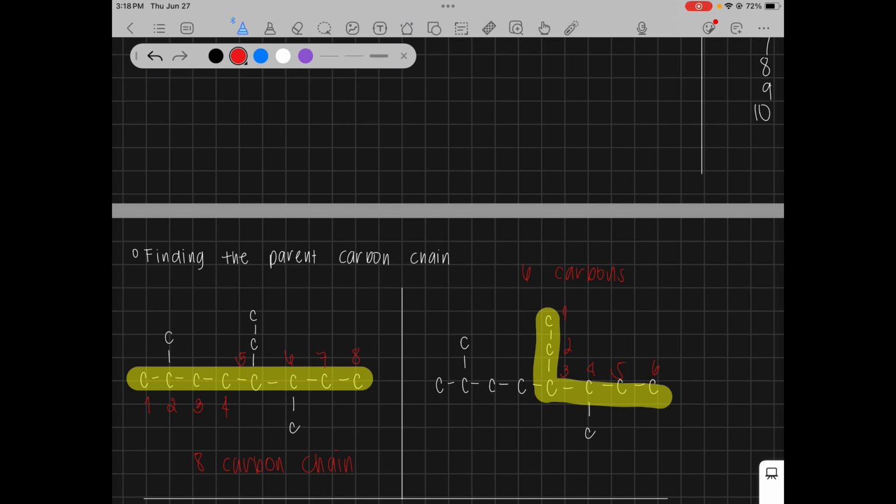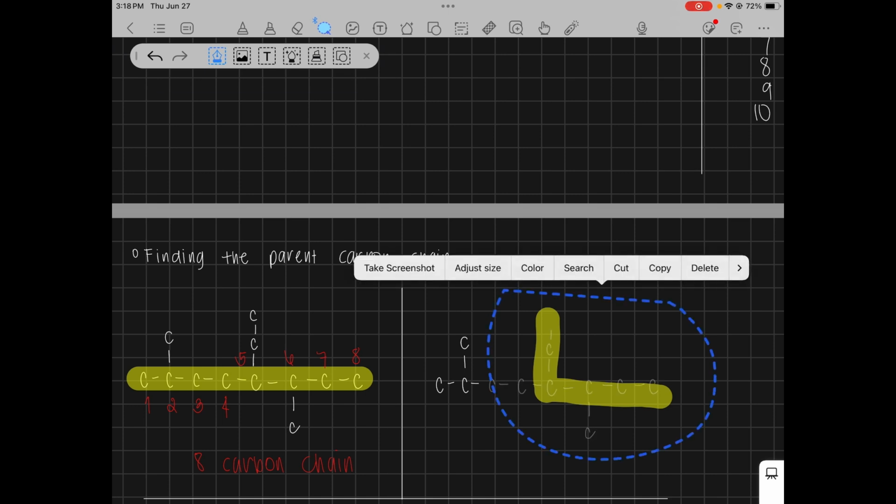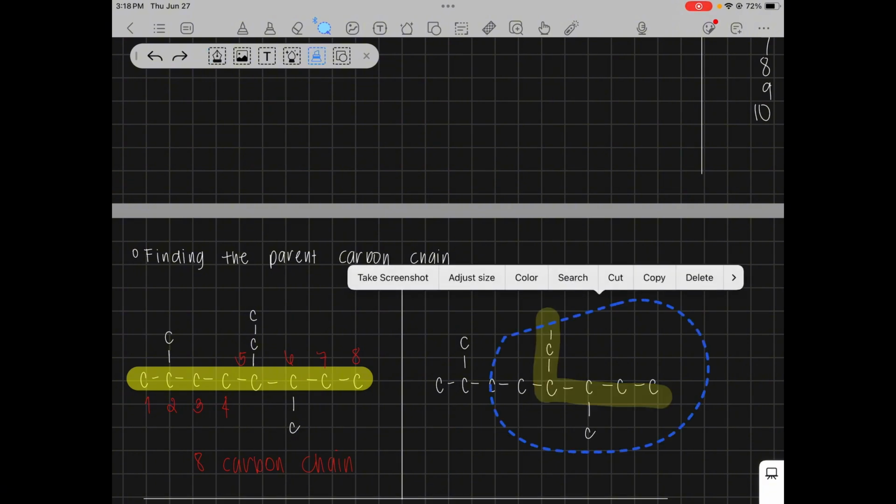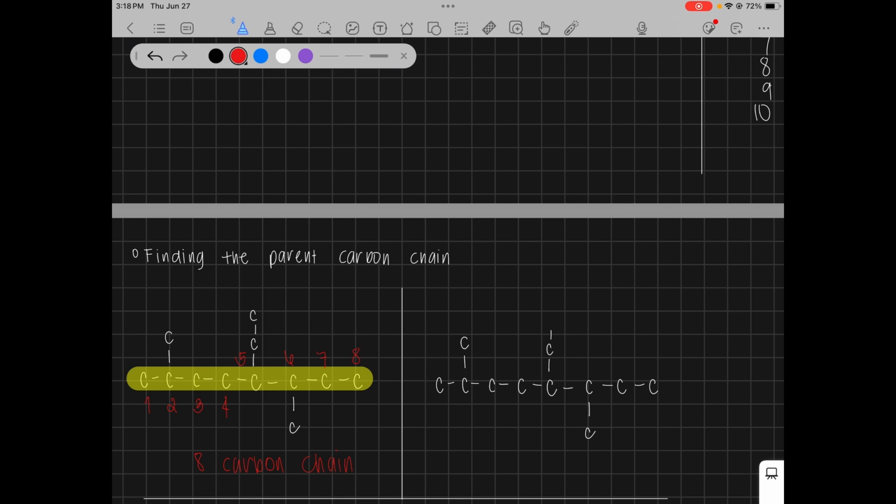We can also start, since our goal is to find the longest one, we need to find something longer than 8.